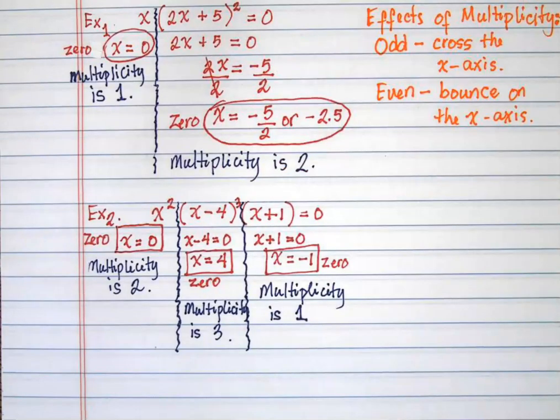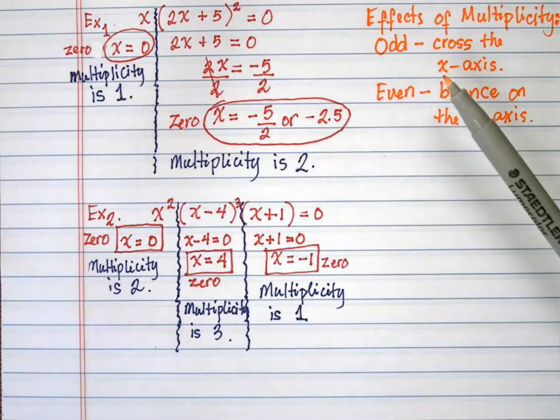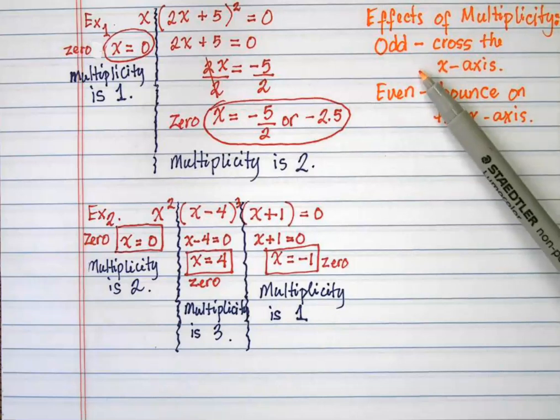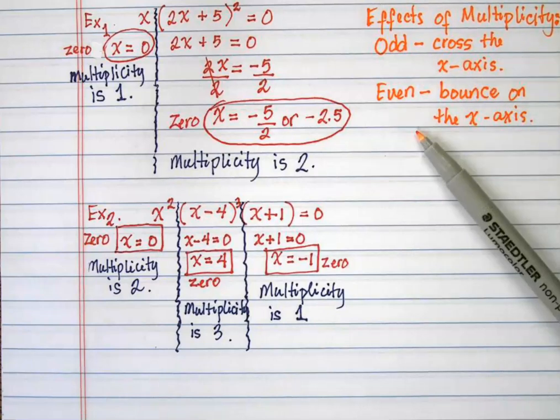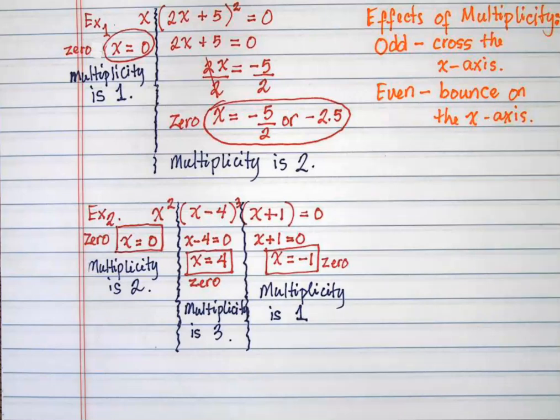So let's review real quick the effects of these multiplicities on our graph. If it's odd, it's going to cross the x-axis. If it's even, it's going to bounce. So this is an even number, so we're expecting that even multiplicity to bounce at that zero.